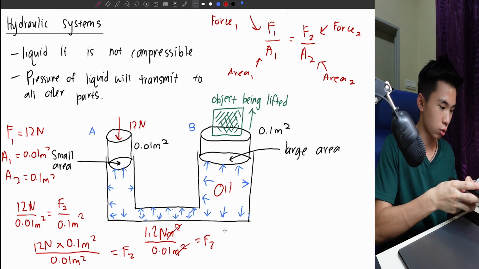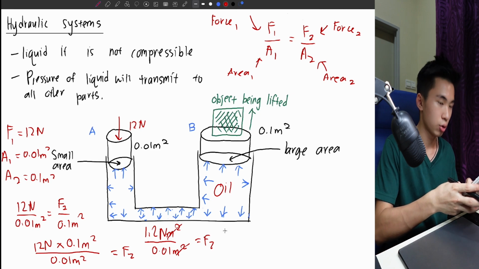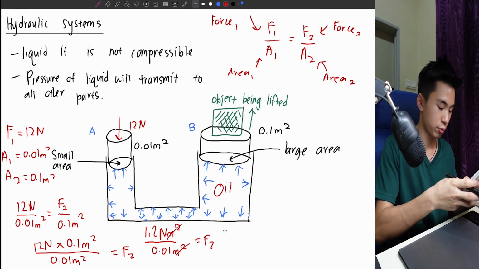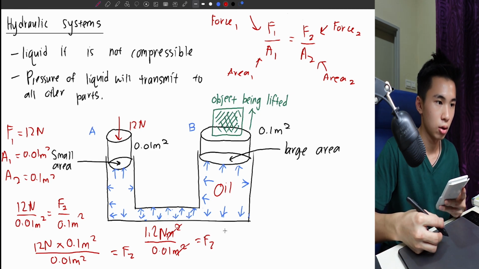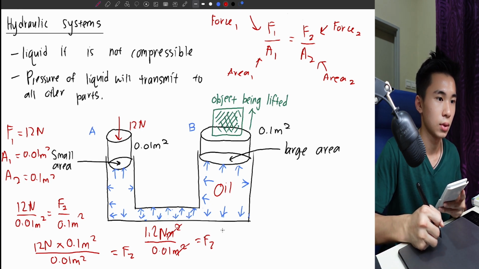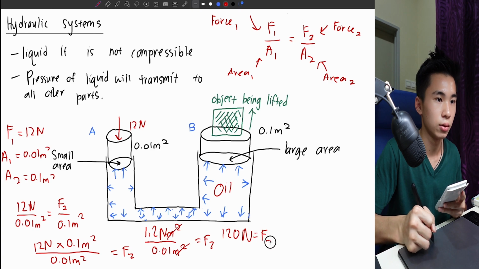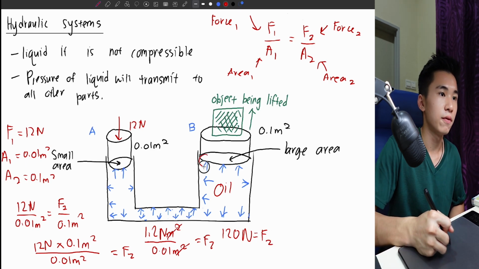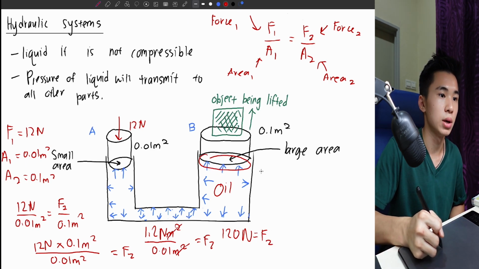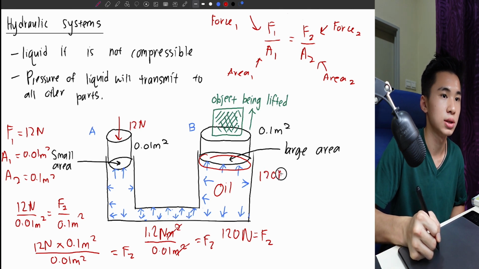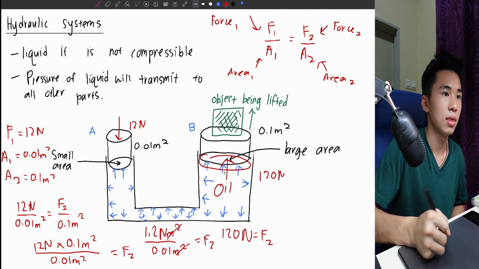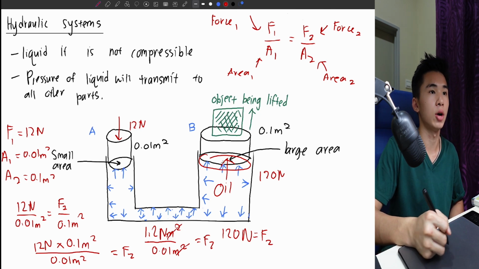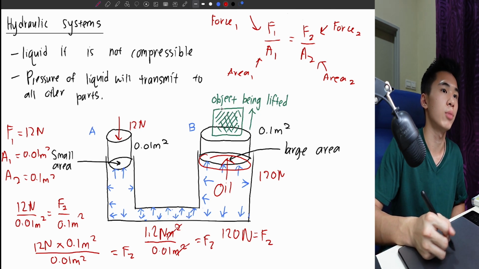So 1.2 divided by 0.01 is going to be 120 newtons, which is our new force, which means the force right here is going to be 120 newtons, lifting this cylinder object, and it will lift this green box.